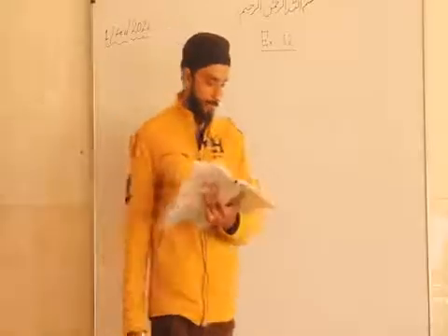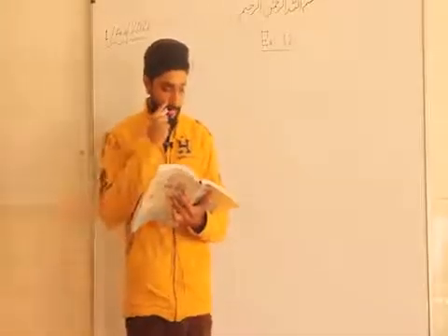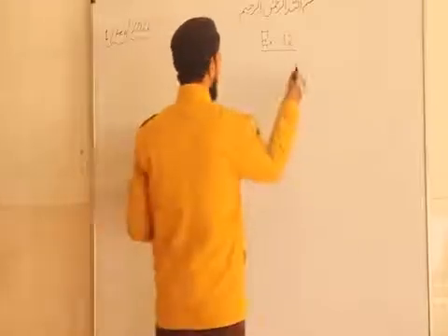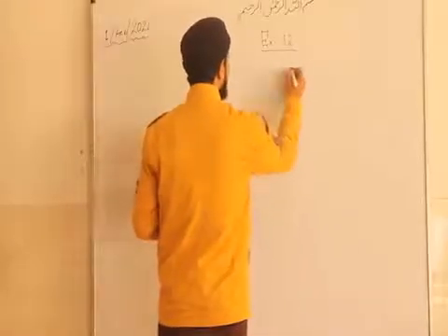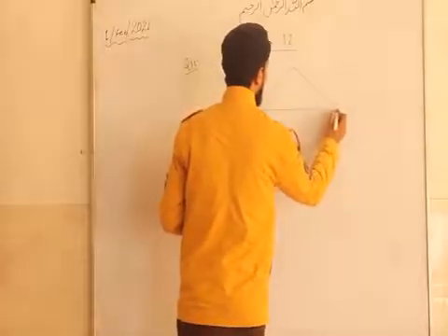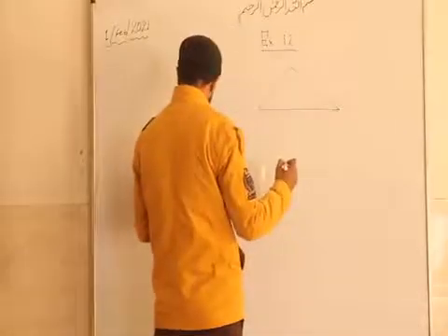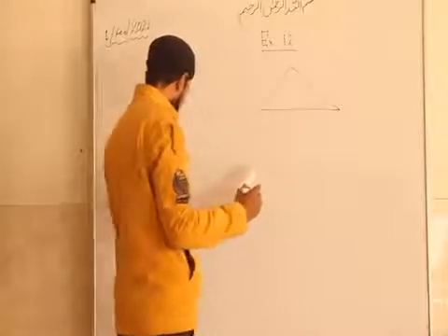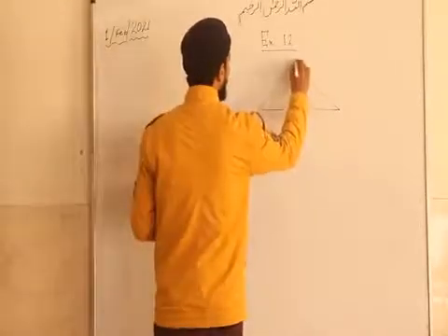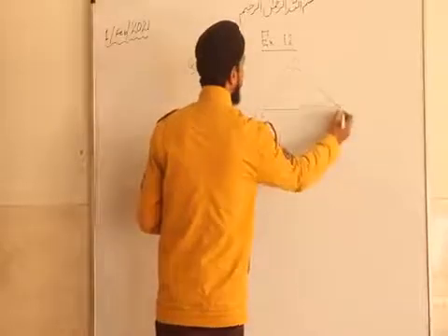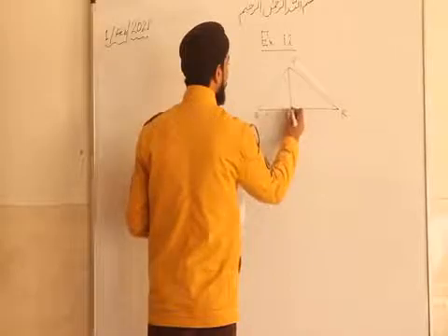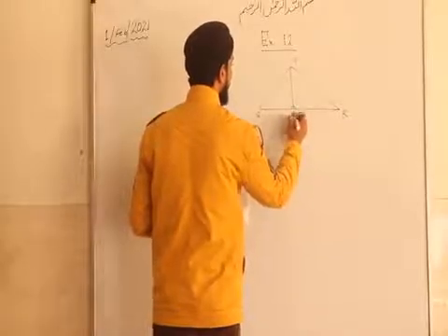In triangle PQR, PD is perpendicular to QR. So first we draw a triangle PQR. We can take any type of triangle, right? PQR, and PD is perpendicular to QR, so this side must be QR, and this is the perpendicular PD, right?